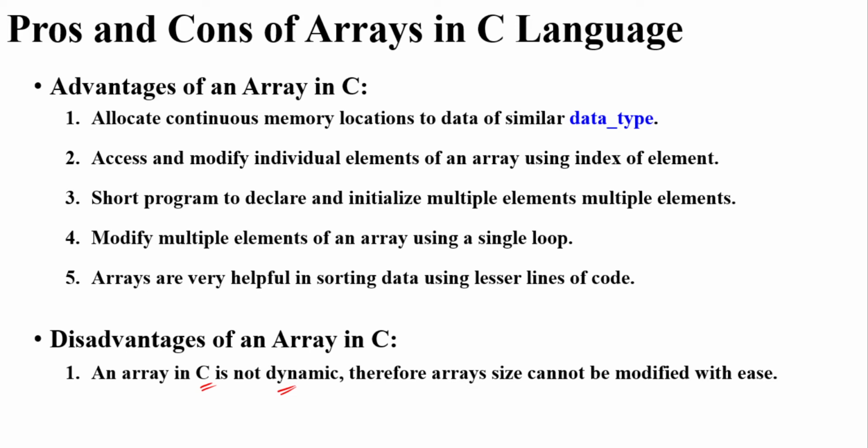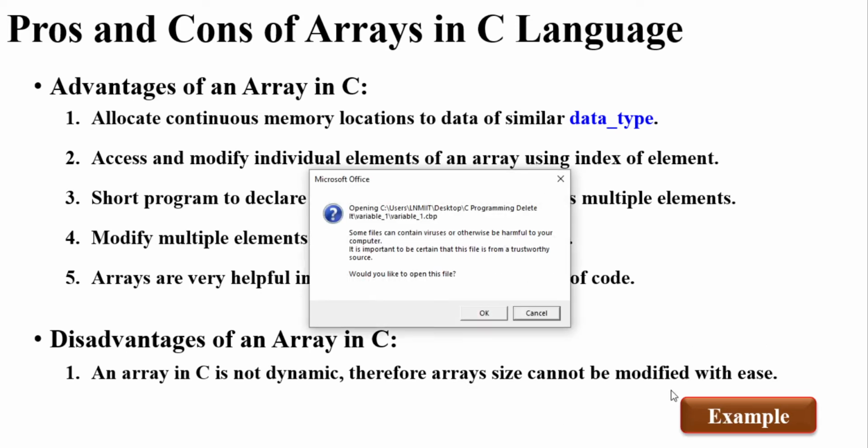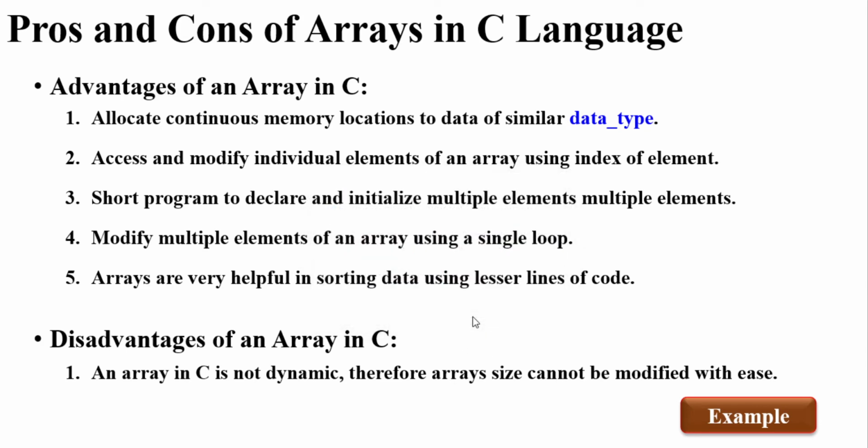The size of the array will remain the same until the end of the program. Therefore, size cannot be modified. That's the only disadvantage which I noted in case of an array.